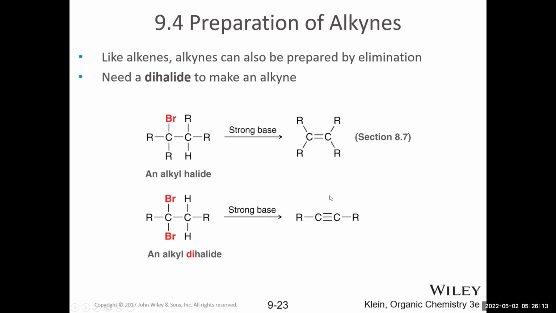If we want an alkyne, now we need 2 pi bonds, so we need to do 2 successive elimination reactions. With 2 elimination reactions, that means we need 2 leaving groups and 2 hydrogens at the beta carbon to do 2 successive E2 eliminations in order to synthesize an alkyne.